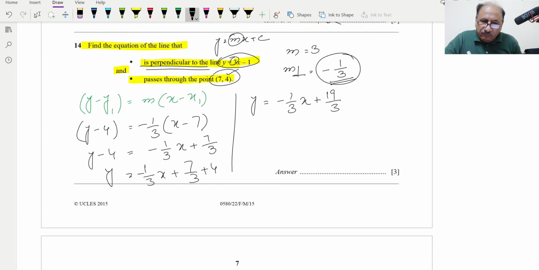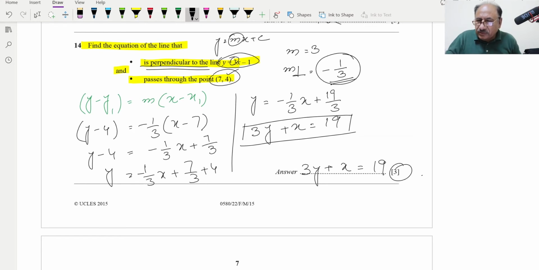If we multiply by 3, we can rewrite it as 3y plus x is equal to 19. This can be the answer which we can write over here. 3y plus x is equal to 19. This is 3-mark question which we are done with.